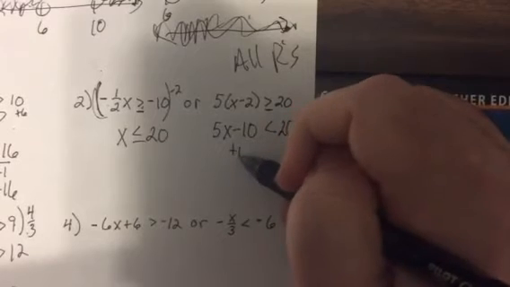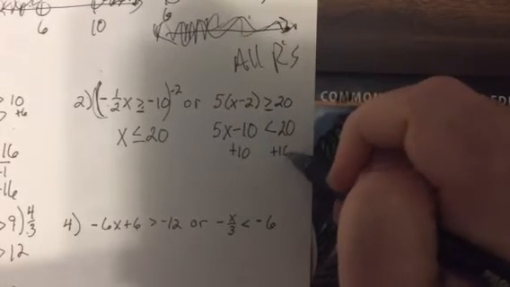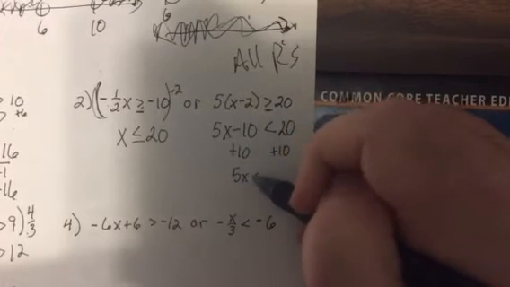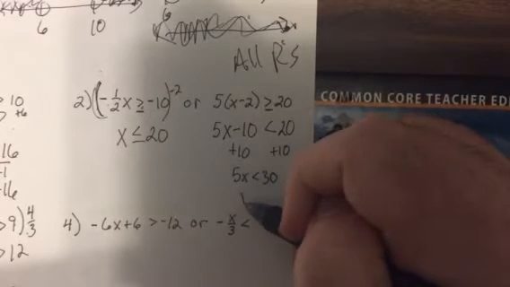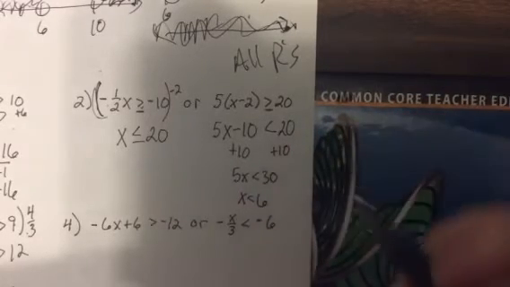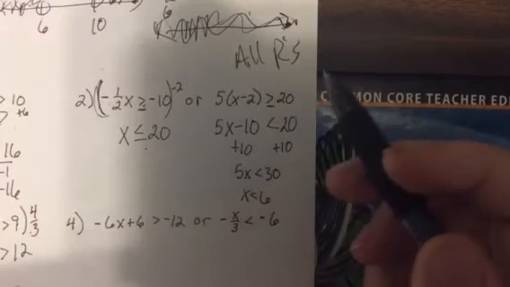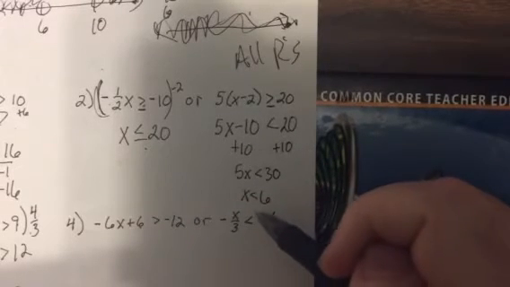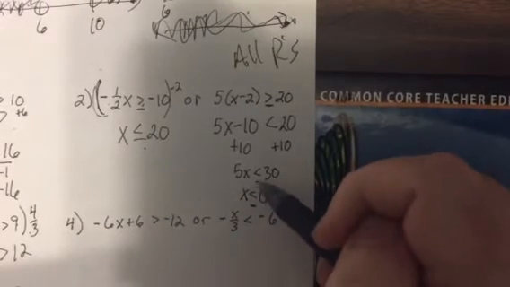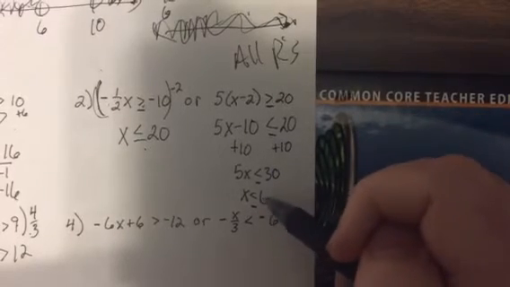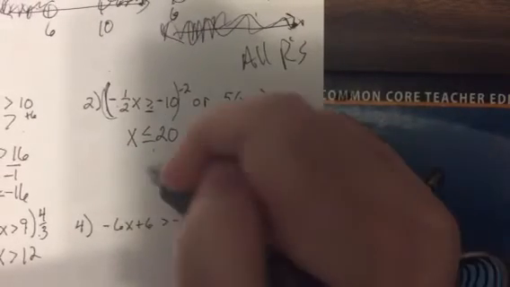And this one, distribute. The 5x minus 10 is less than 20. So add 10 to both sides. 5x is less than 30. Divide both sides by 5. So I have less than or equal to 20, and, oops, I lost the equals here. There we go. Less than or equal to 6.